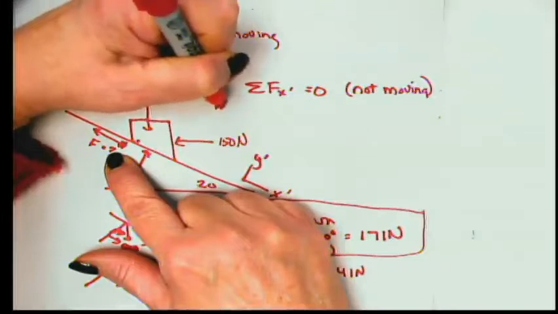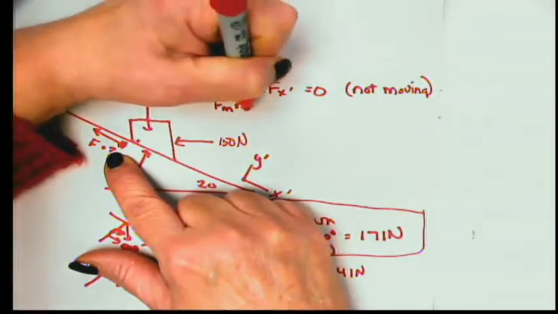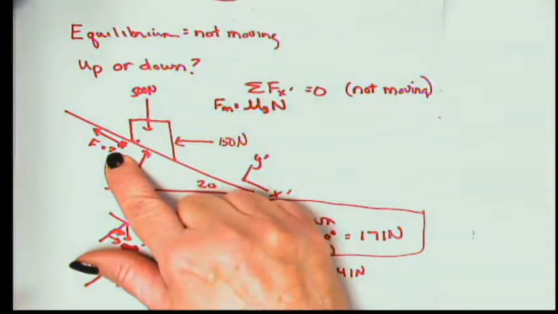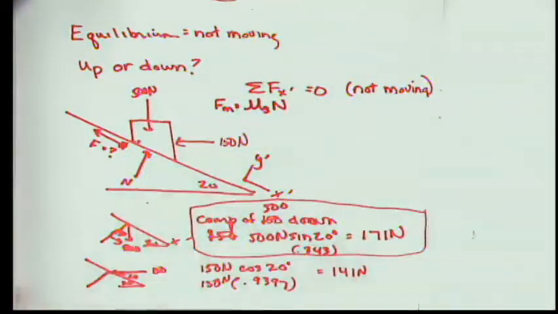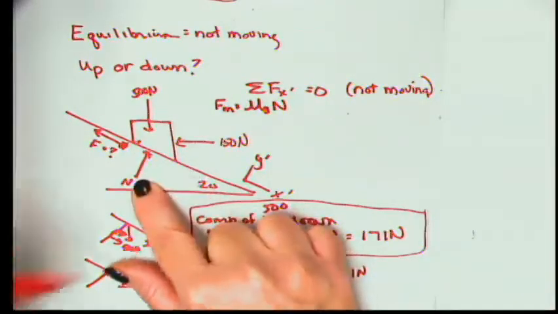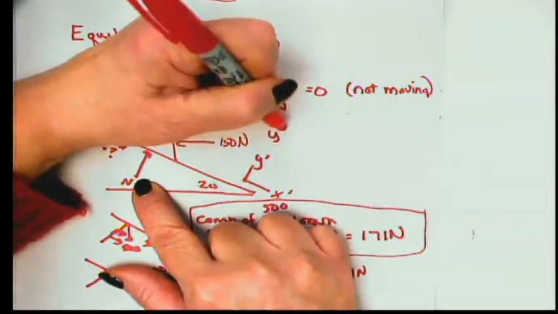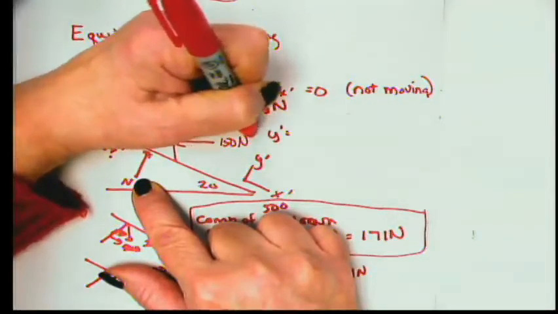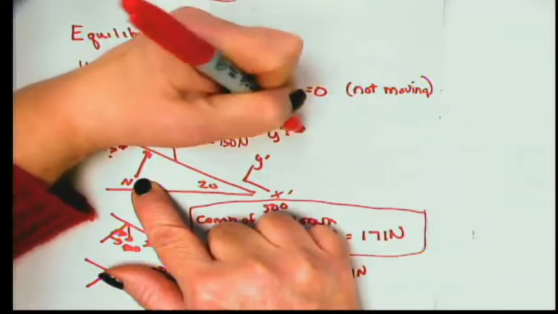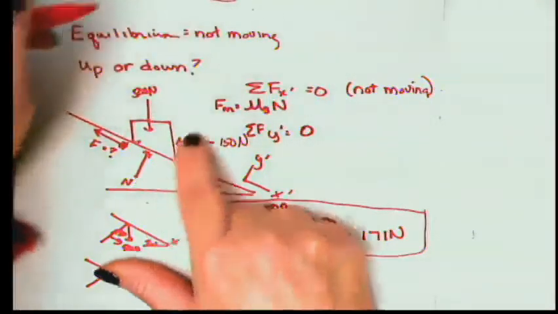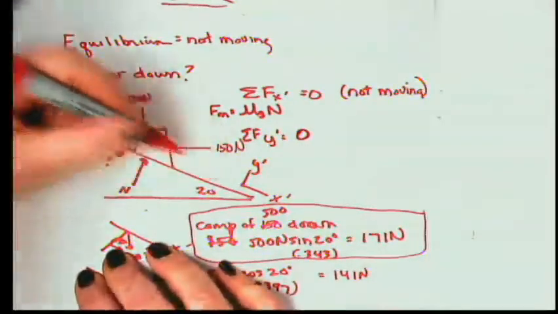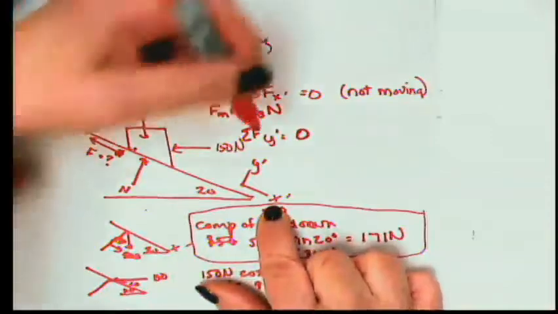So F sub m is going to equal mu s times the normal force. So that means that we need to determine the value of the normal force, and the normal force is in the y prime direction, and we know then that the summation of forces in the y prime direction has to equal 0, because it's not going to fly up or cave into the thing. The only motion it's going to have is restricted to the motion of the plane.